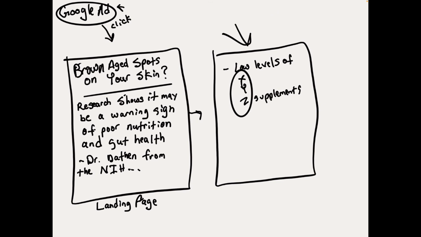That's not going to violate any of the rules of the vendor. That's not going to violate any of Google Ads rules, but most importantly, I'm going to have the entire market of brown spots on the skin all to myself. All 16,000 of those people a year will have nothing but me solving their problem.